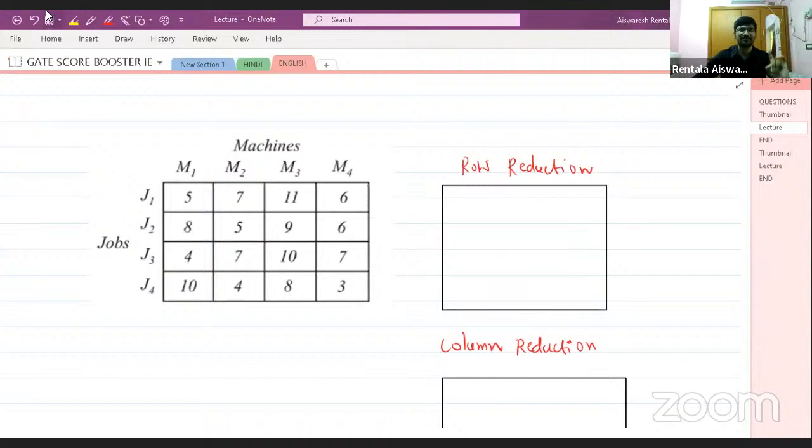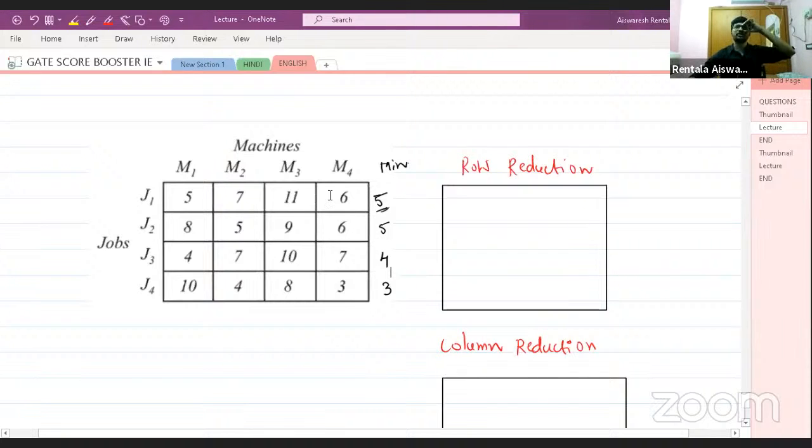For example, in the first row the minimum element is 5, and in the second row also the minimum element is 5. In the third row it is 4, and in the fourth row the minimum element is 3. So subtract this minimum element from all the elements present in the first row.